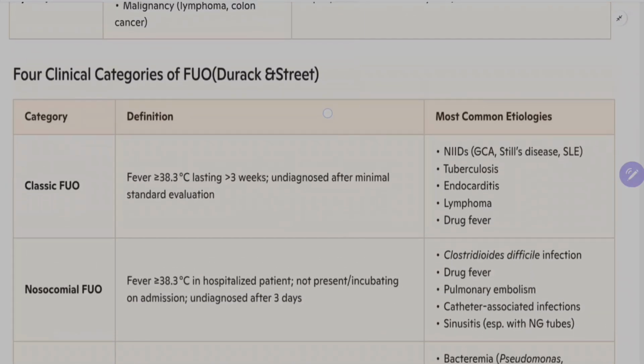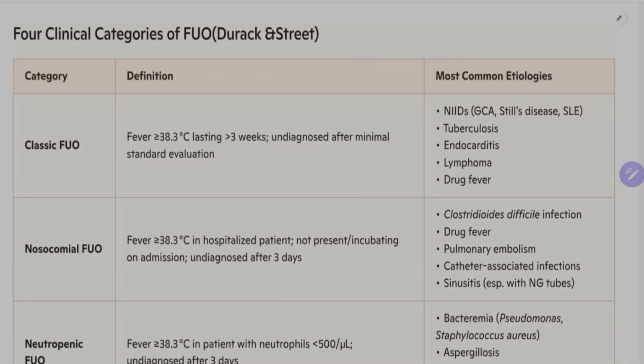Now these are the 4 categories according to Durack and Street. So the first one is classical FUO. Fever more than 38.3, more than 3 weeks, undiagnosed after minimum standard evaluations or investigations. Common etiologies include NIIDs like giant cell arthritis, adult onset Still's disease, systemic lupus erythematosus.